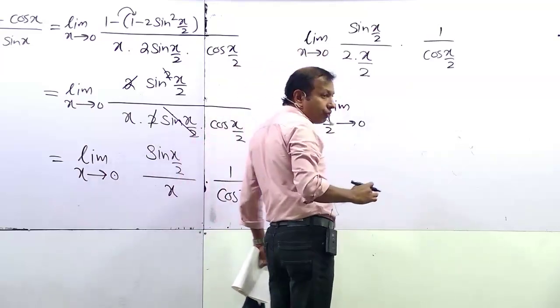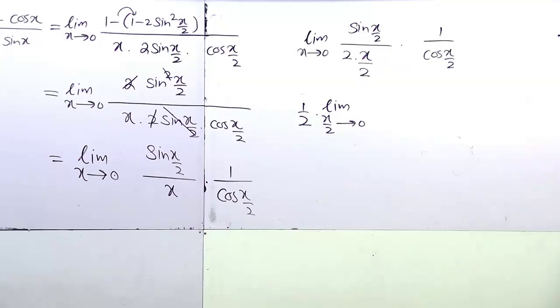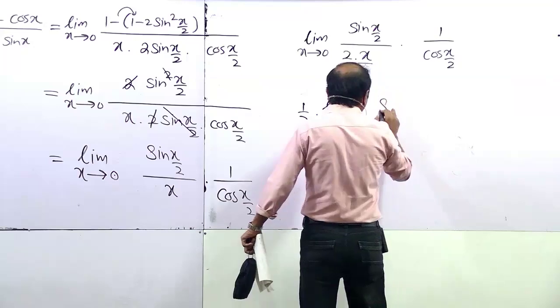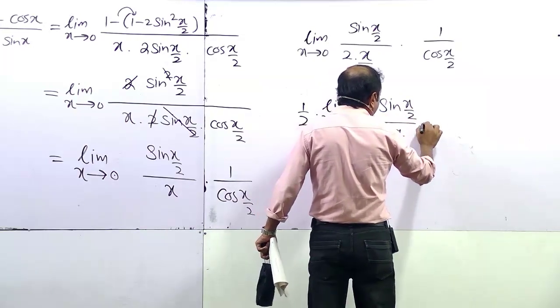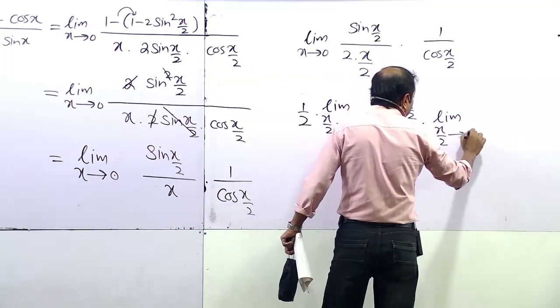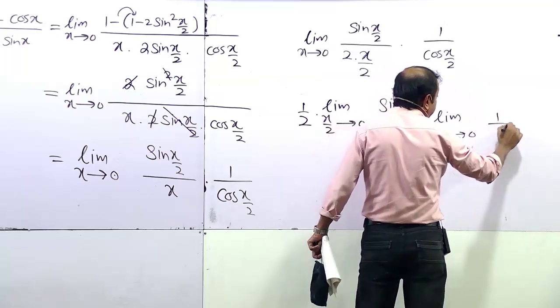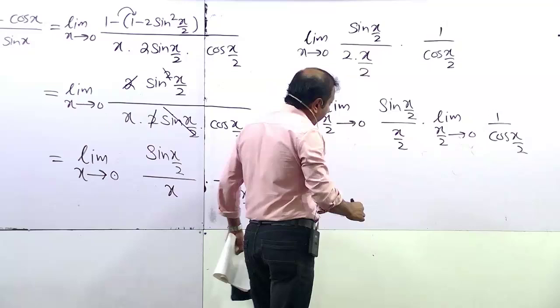As x goes to 0, half of x also goes to 0. Then of course we have the required form, sin x by 2 divided by x by 2, and here we apply limit x by 2 going to 0.